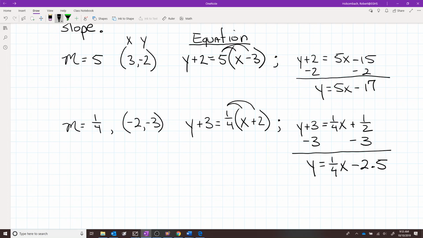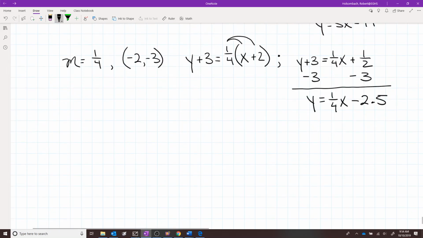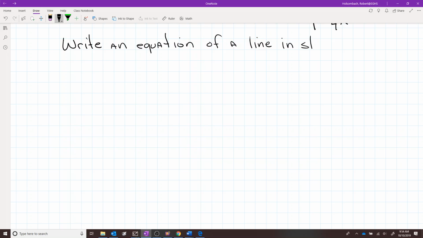The second part of your assignment today, you're going to be asked this. We're going to write an equation of a line in slope intercept form.